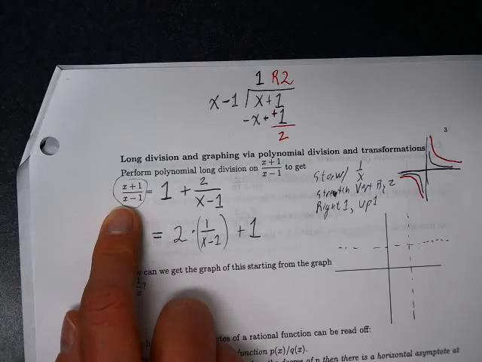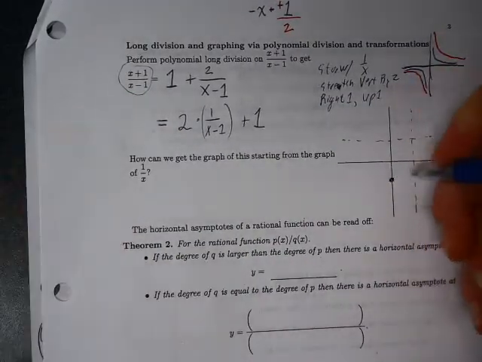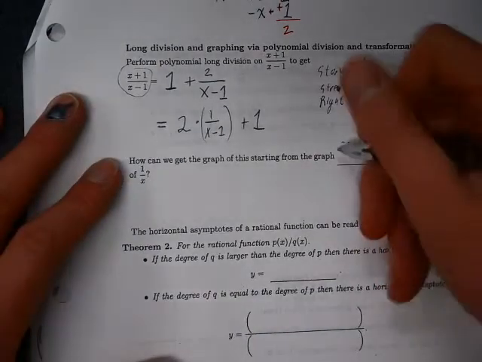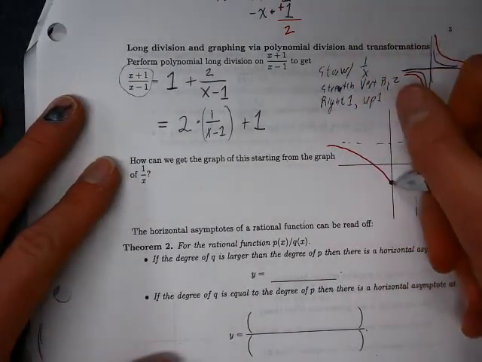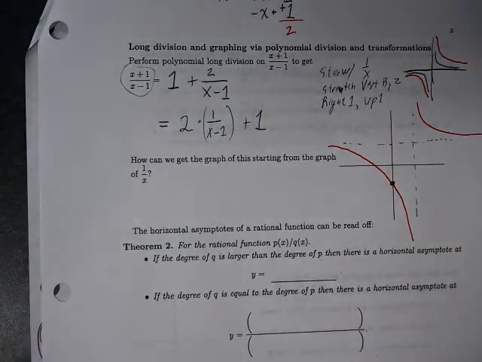Negative 1, because I got 1 over negative 1. So that means it better have a y-intercept there. And otherwise, I'll have this as my vertical and horizontal asymptote. That seem reasonable?